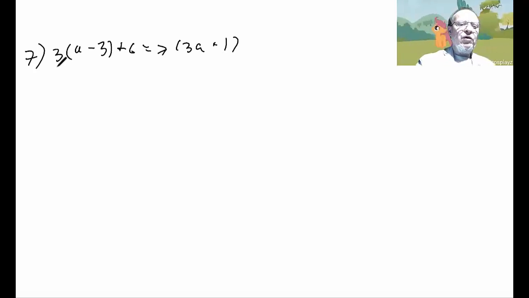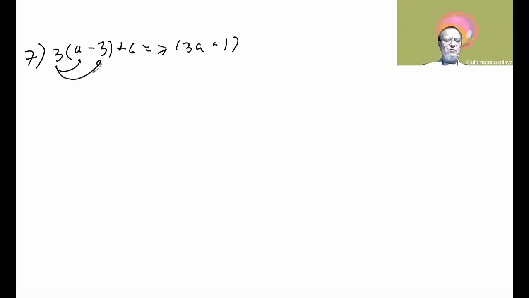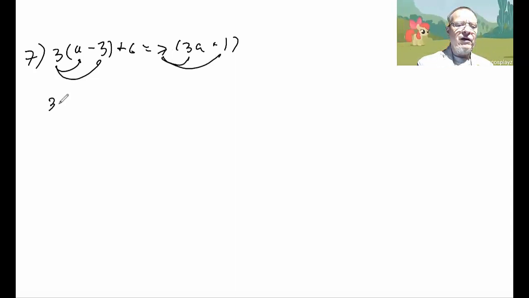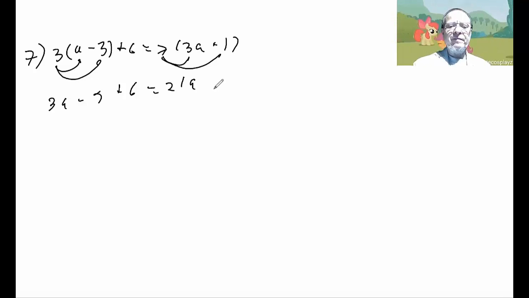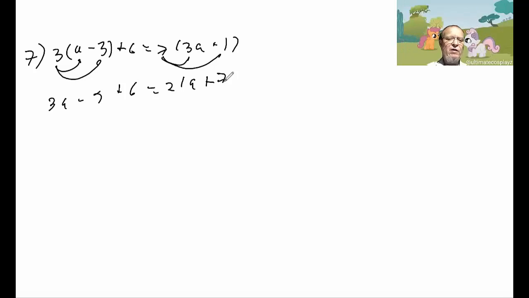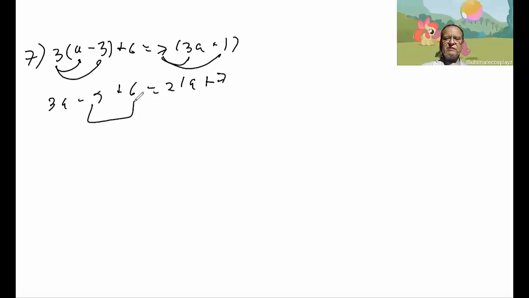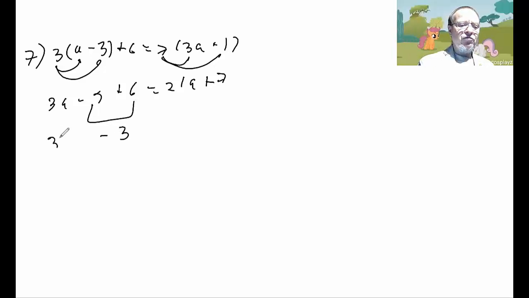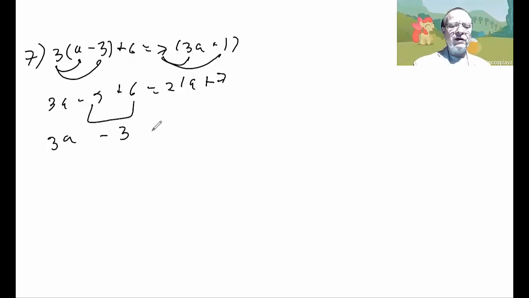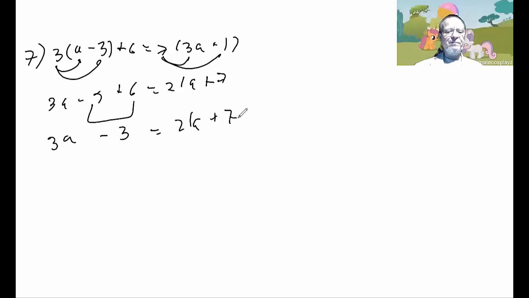So we're going to use our distributive law here and distribute to get 3a minus 9 plus 6 is equal to 21a plus 7. And we will combine these two to simplify things a bit. So that's negative 3, 3a minus 3 is equal to 21a plus 7.